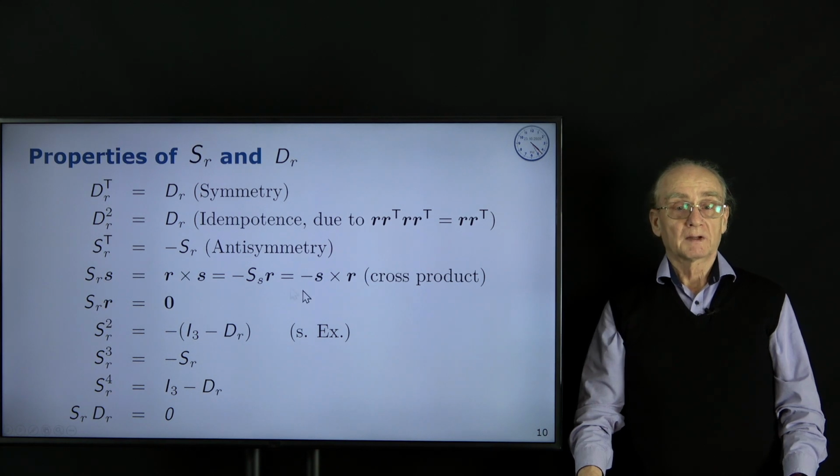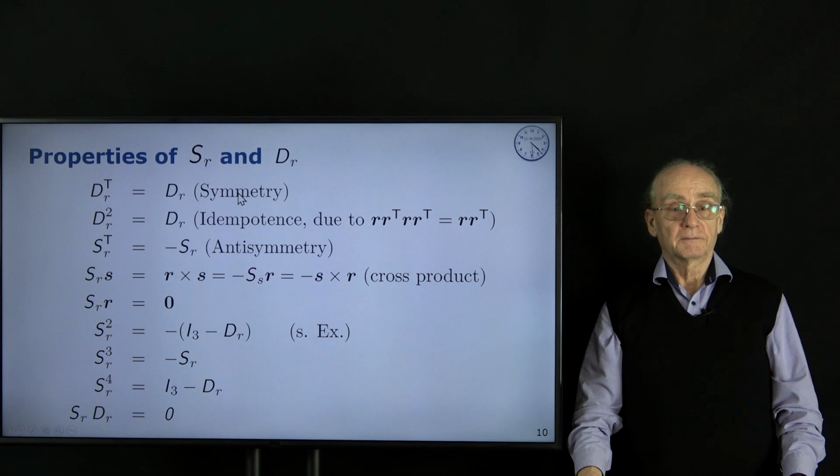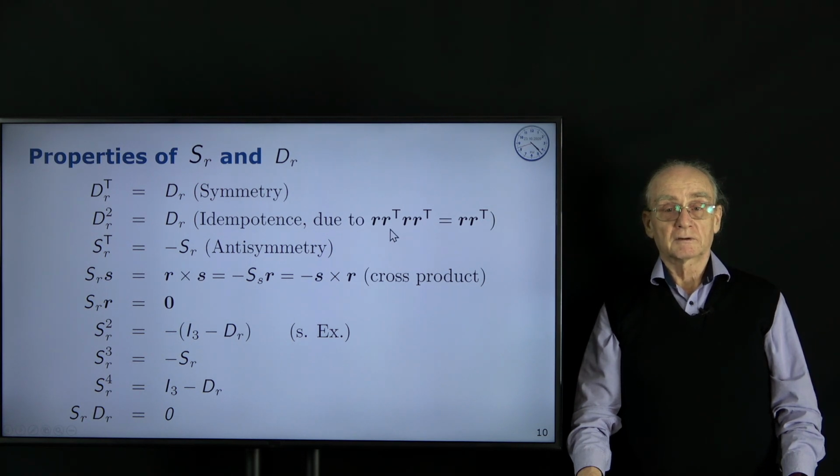So, the first thing is we see that D is a symmetric matrix. Now, what happens if we square D? We see that it is the same as D, so it's an idempotent matrix. So if we multiply this out, we see that r transposed r, because it's a unit vector, is 1, so we actually get r r transposed.